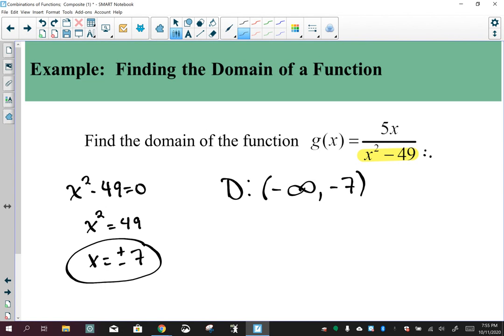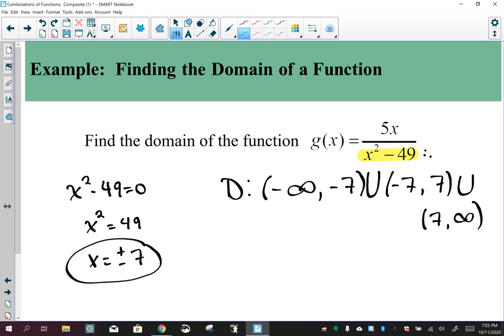Because I can go all the way up to negative 7, but I just can't include it. That's why it's a parenthesis, not a bracket. And then I'm going to break. So I'm going to bring this into union. And then I'm going to go from negative 7 all the way to positive 7. And I'm going to stop there because, again, 7 will give me a denominator of 0. And then I'm going to break. And then I'm going to go from positive 7 all the way to infinity. And that's how I would write my domain for this function.